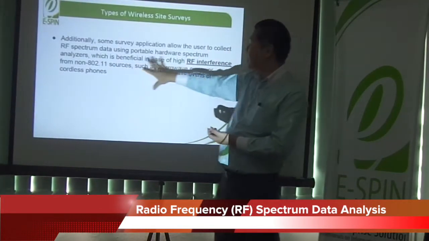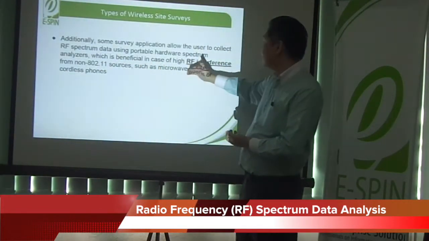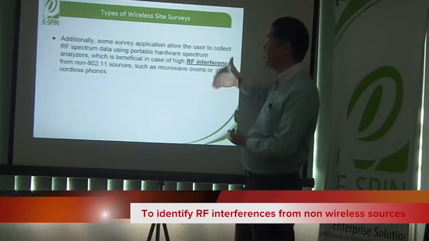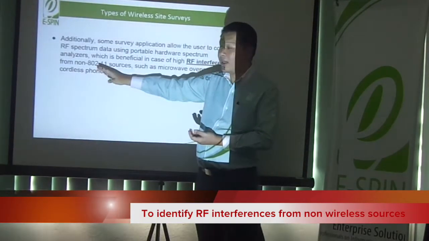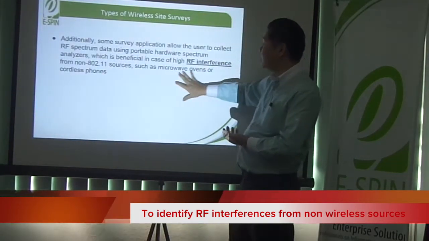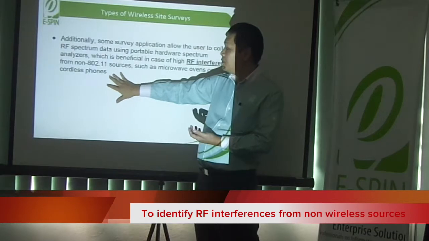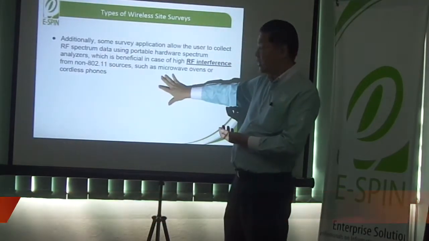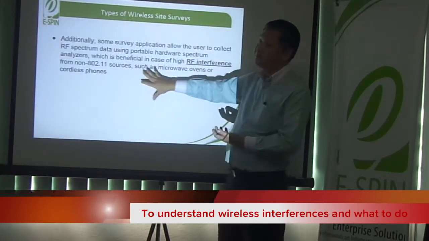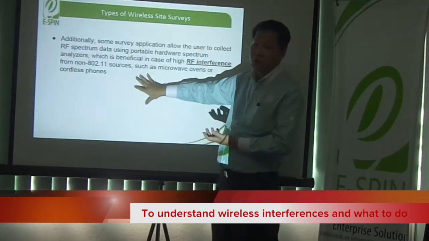Yes, we're using the spectrum analyzer. So you can identify radio frequency interference, in particular from non-wireless sources, such as a microwave oven or cordless phone or other equipment that emits interference and causes wireless network performance issues, right?